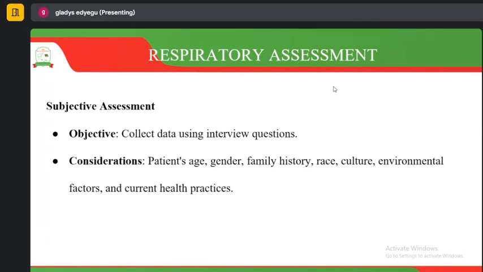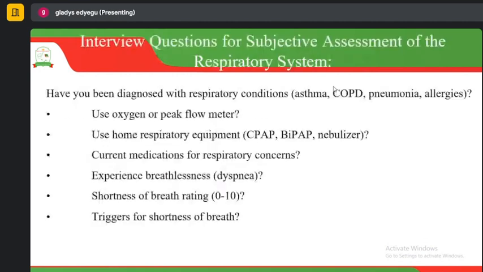Then also the race of the patient, the culture, and then the environmental factors. Those can be most of the questions that we can ask, and not forgetting the current health practices of these patients.